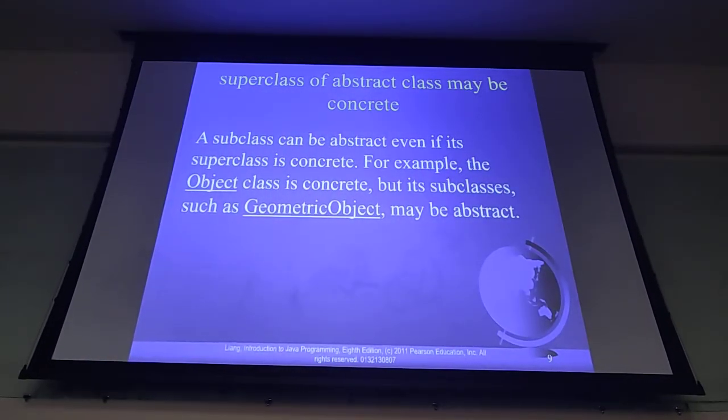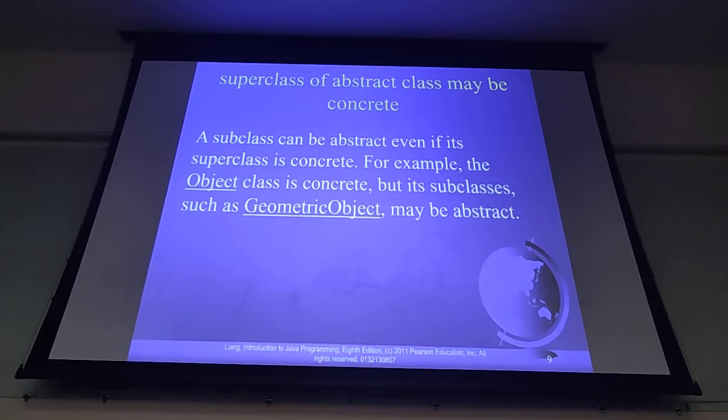I have a class A inherited in B. This is not abstract, but this is abstract. Why? Because here I have some methods which are abstract methods. Are you clear? So this one is a concrete class, but this one is an abstract class. It's possible, okay?